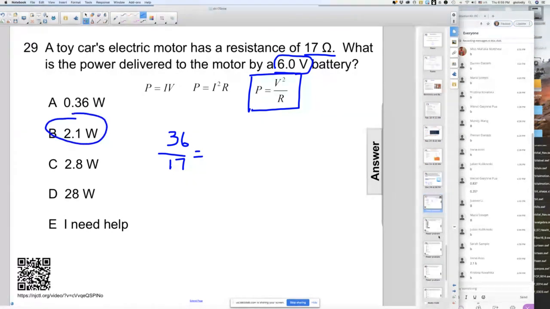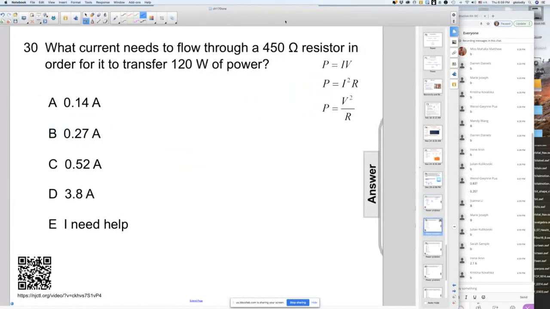And each one of these questions here, we won't do them all. We just set them up. Again, we're going to figure out a different equation to use depending on what's given. So here you're given the resistance and the power, and you have to find current. Obviously it's this equation over here that you're going to use this time.